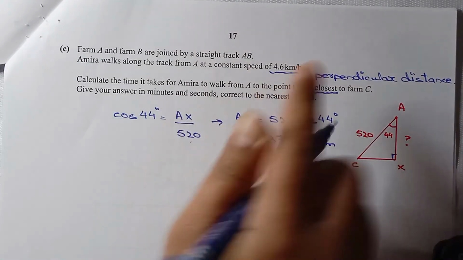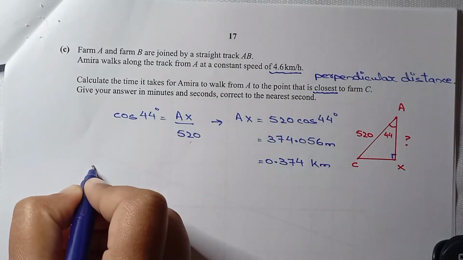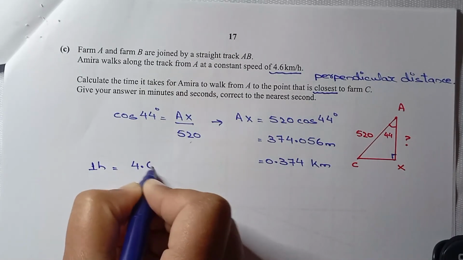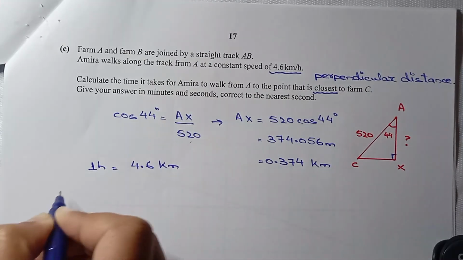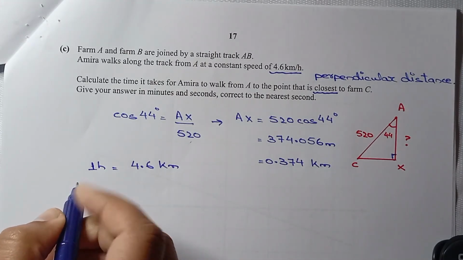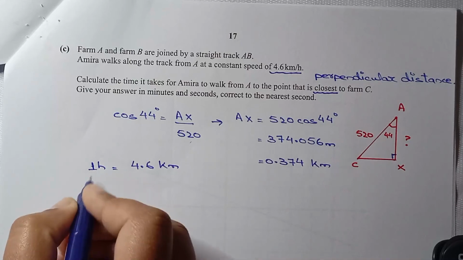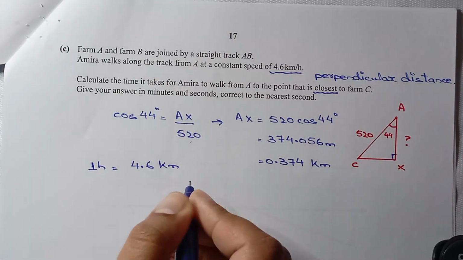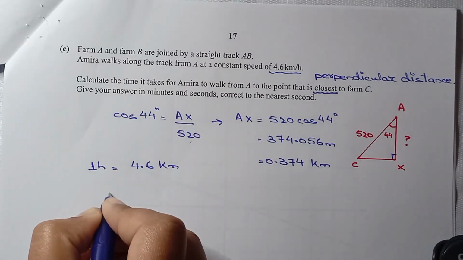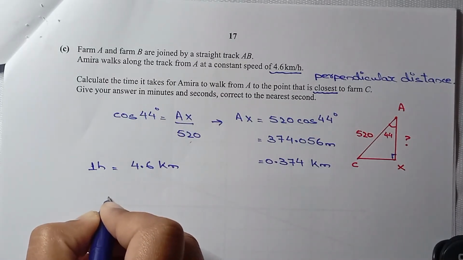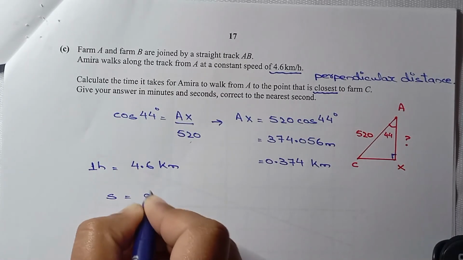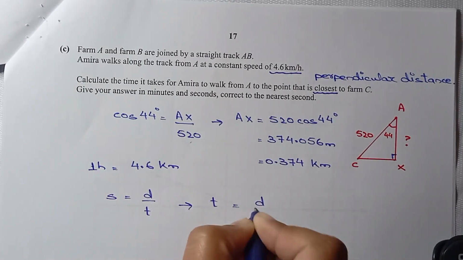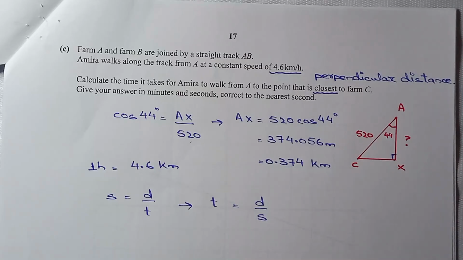Okay, and we have been given the speed: in 1 hour, she travels 4.6 kilometers. So 1 hour is basically equal to 60 minutes, right? And this many kilometers. Now we need to find the time. So we know the formula that speed is equal to distance over time, and from here time would be equal to distance over speed, right?